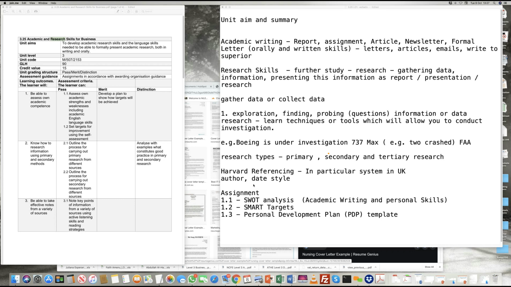Those are the bits that we covered in the first learning outcome, and then we concluded with understanding why, when you gather data and collect a lot of data from different sources, at some stages you have to reference it, because some part of it is created or authored by somebody else.